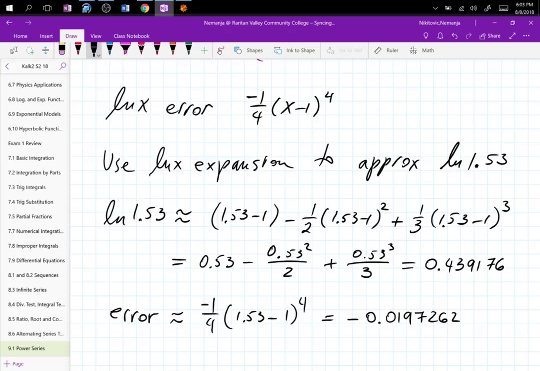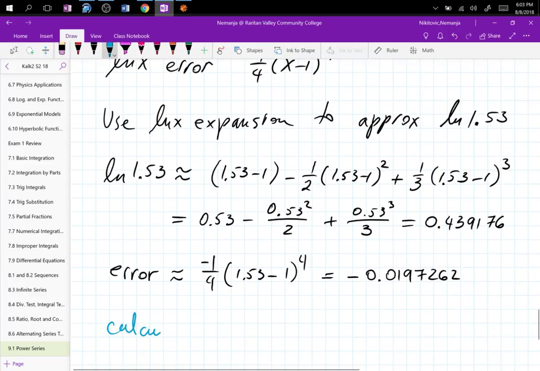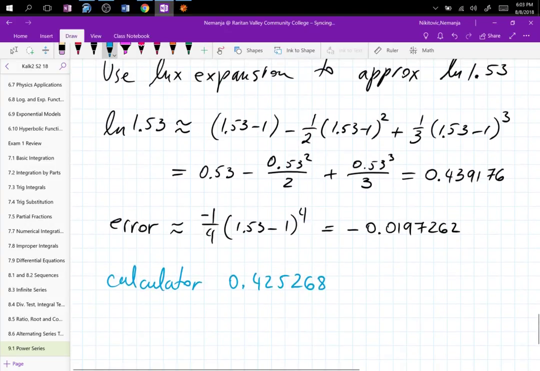Now I'm going to punch ln 1.53 in the calculator. The calculator gives me 0.42528. This is what the calculator gives me. Now I'm going to subtract from the calculator value what I had in my approximation, and that's 0.439176.